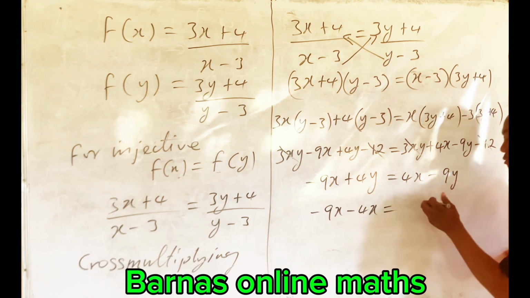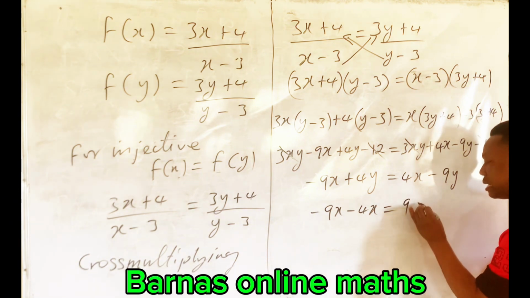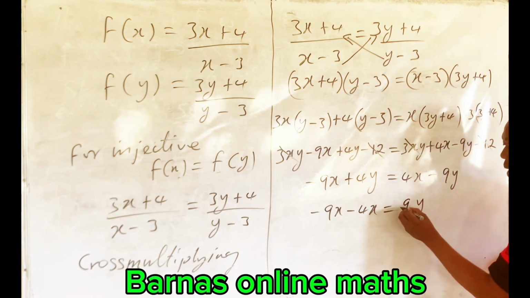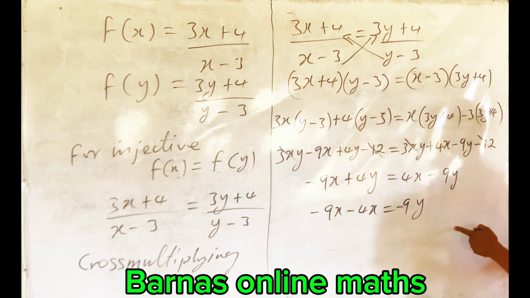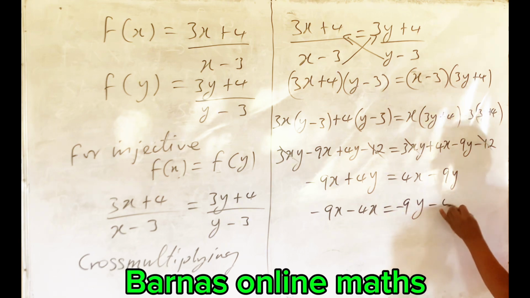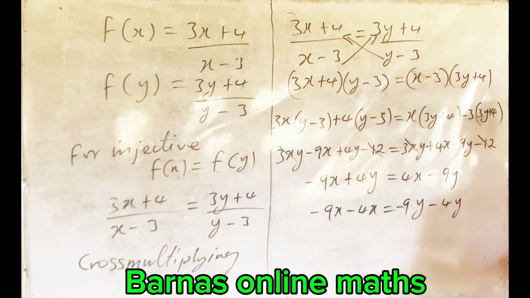now we already have minus 9y here. Now we have plus 4y. Crossing the equality sign simply becomes minus 4y.